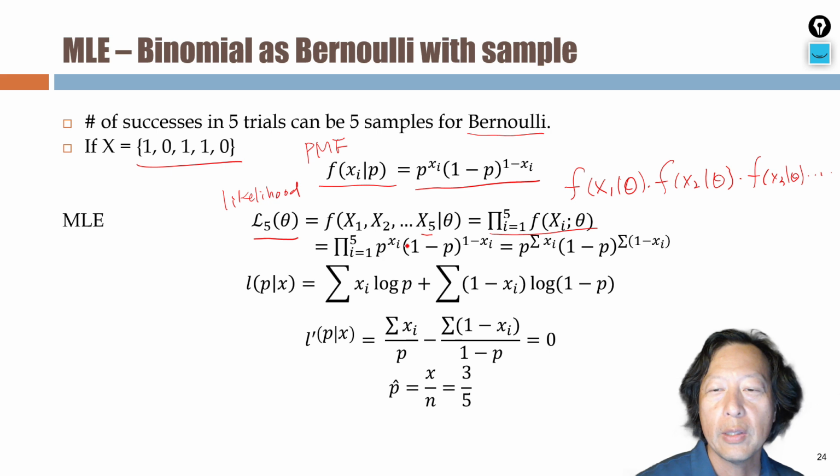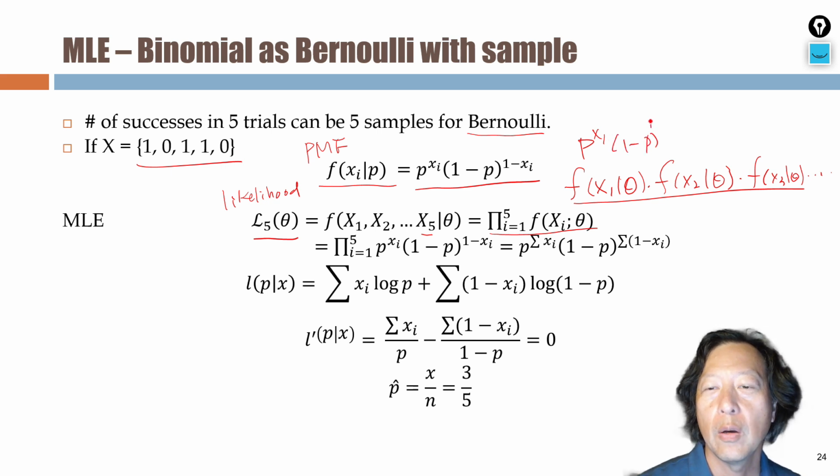So if you write all of this down, it's p^x1 times (1 minus p)^(1 minus x1).